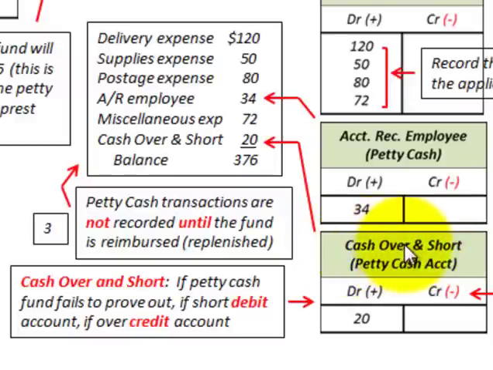So in this example, if the cash count was greater than the receipts we have, then we would be crediting or reducing our expense account. In this case, we had fewer receipts than the actual cash paid out, so we would debit our cash over and short.